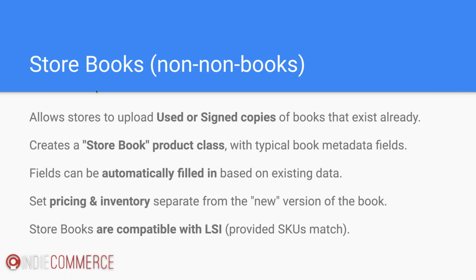So if you carry both new and used copies of books, you may already be modifying the SKU for your point of sale system for the same reason, but it is something to be aware of. You would need to use a different SKU beside the ISBN, and then the SKU on your website, the SKU on your point of sale system, and your LSI feed would need to match.